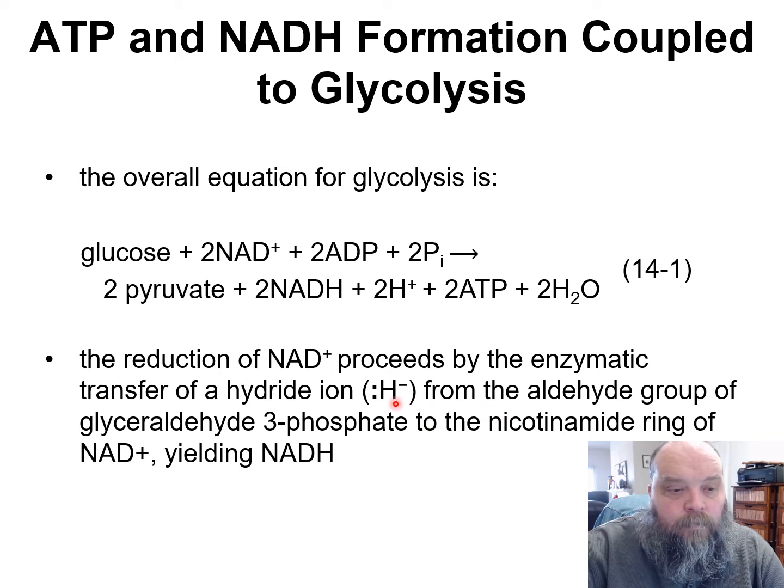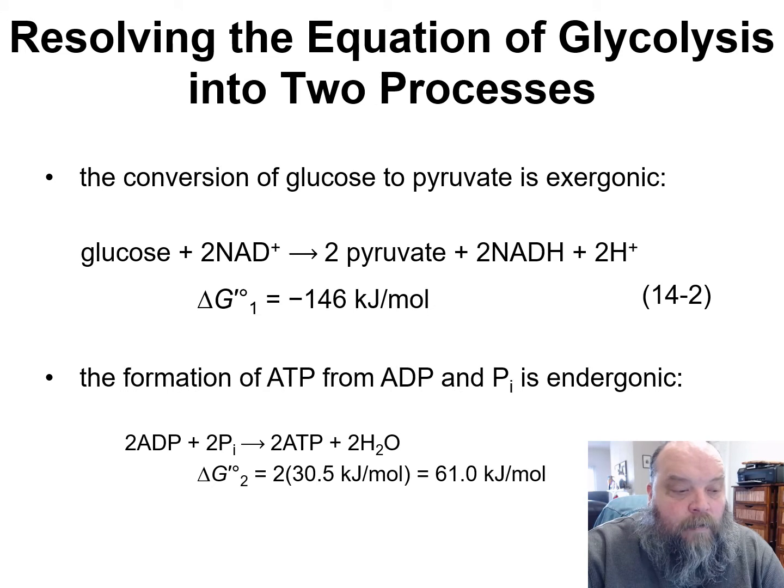Hydride ion, that means it's a proton, 2 electrons, from the aldehyde group of glyceraldehyde 3-phosphate to the NAD. This is where we're going to get more energy, maximal energy, in the mitochondria in later reactions.